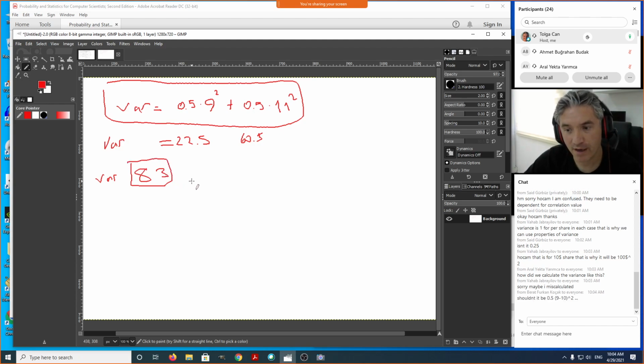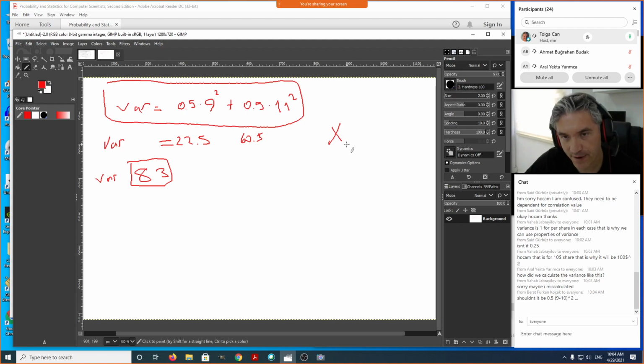If you have this, you can compute the, okay, I see. So we need to define what our random variable is.